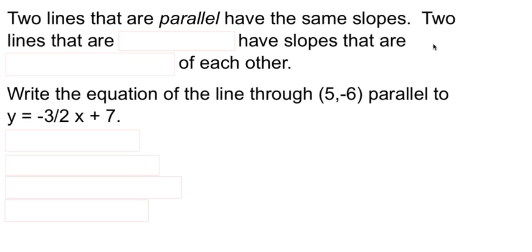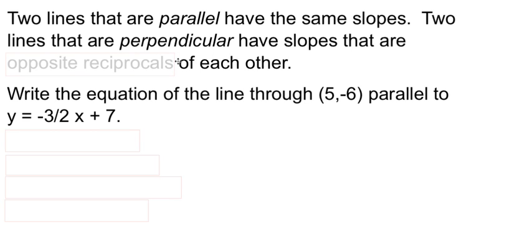The other case of lines is called perpendicular lines. Now you probably remember that perpendicular lines meet at right angles. Well, when we talk about their slopes, they are opposite reciprocals of each other, and we'll talk about what that means in a couple of minutes, over on the next slide.